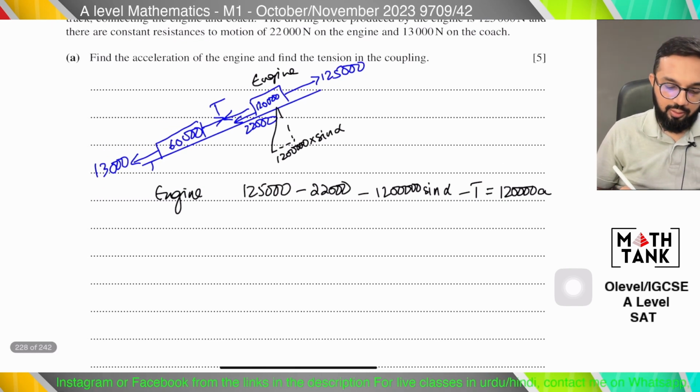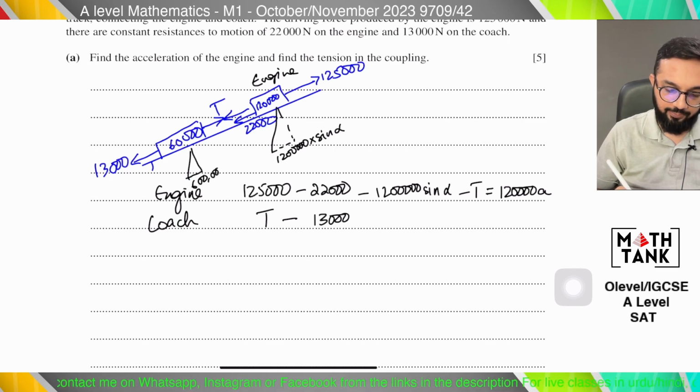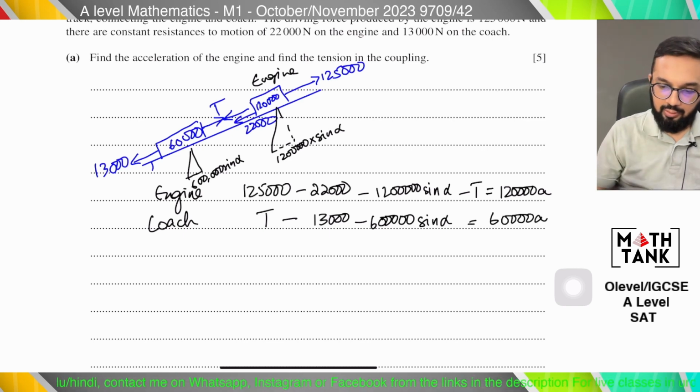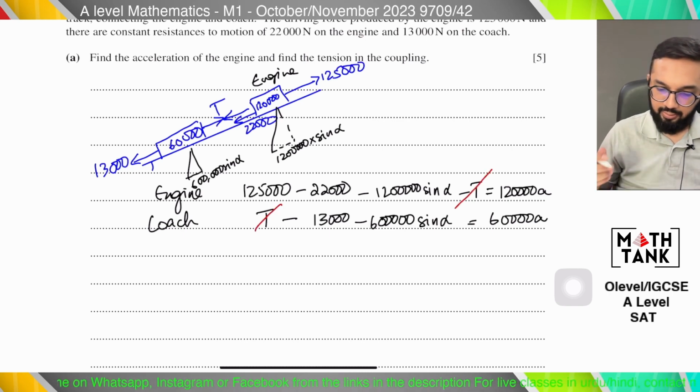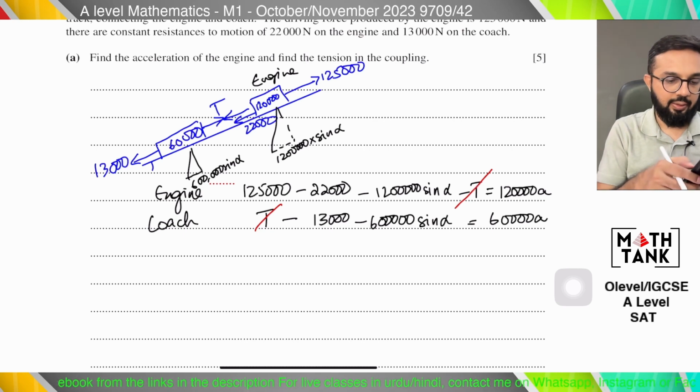Then for the coach, the tension is pulling it forward. It's being resisted by 13,000 and then 600,000 sine alpha, equals 60,000 a. The tensions will cancel out, and I'm left with all this calculation. Let's calculate this.